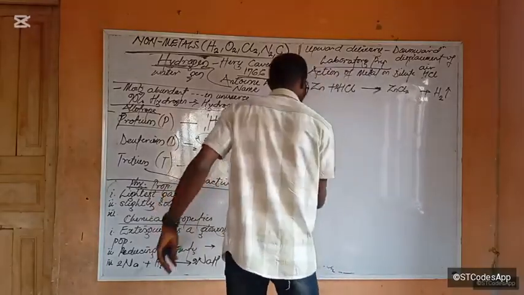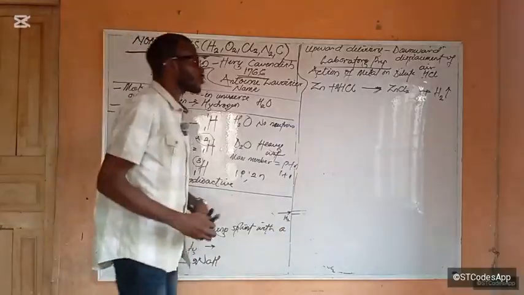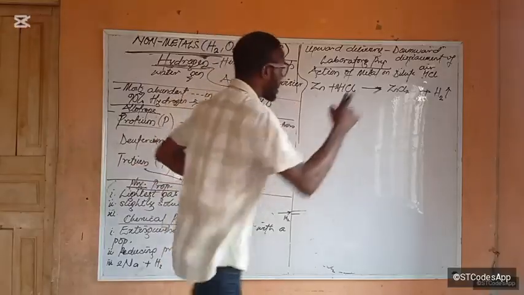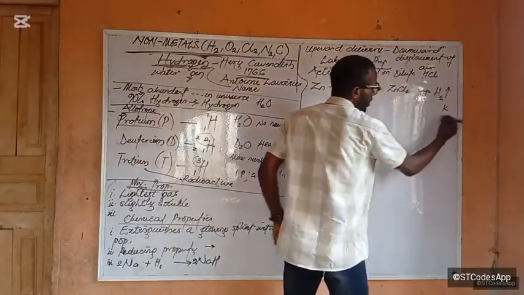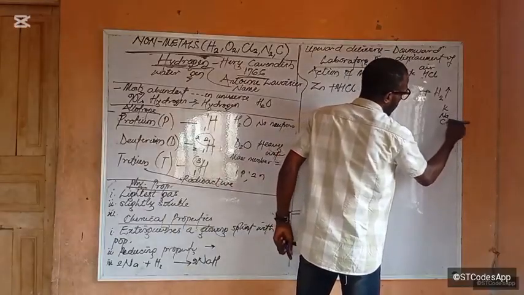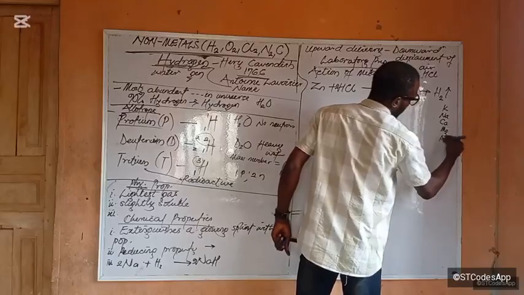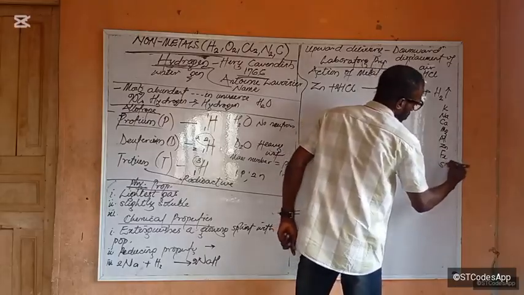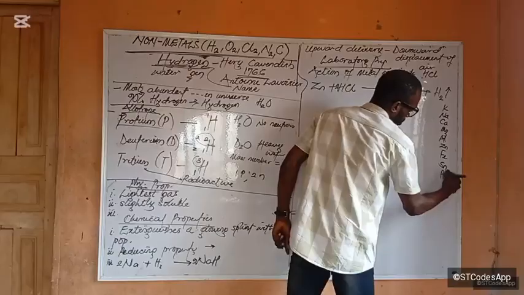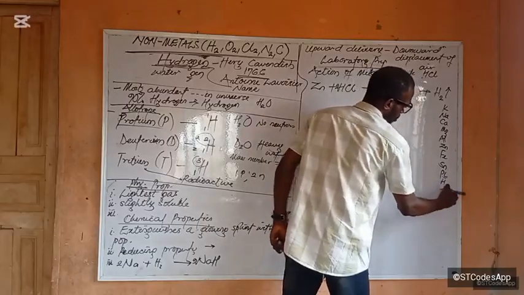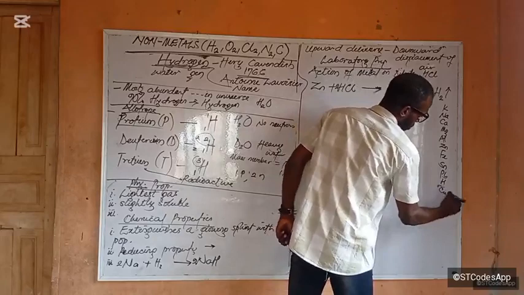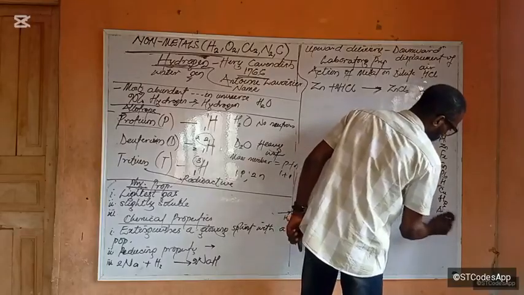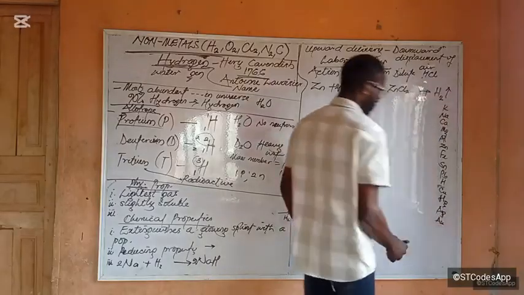Now watch. Let me quickly show you something. You remember the electrochemical series, you are going to need it a lot. So maybe I'll just put it here on one edge. We have potassium, sodium, calcium, magnesium, aluminium, zinc, iron, tin, lead, hydrogen, copper, mercury, silver and gold.